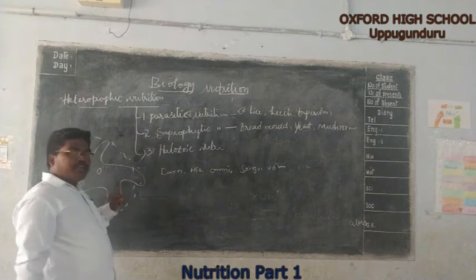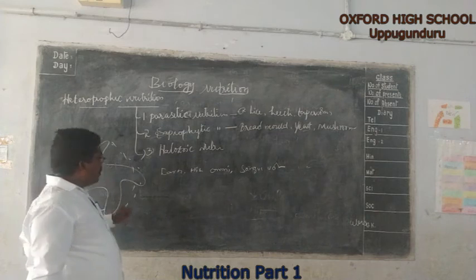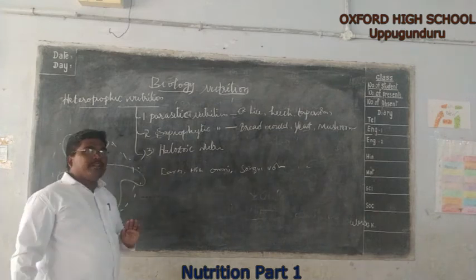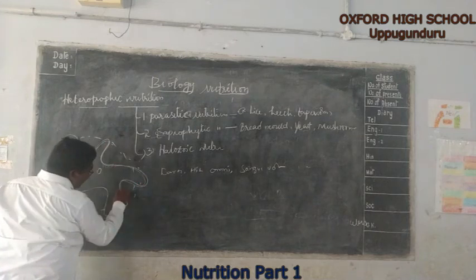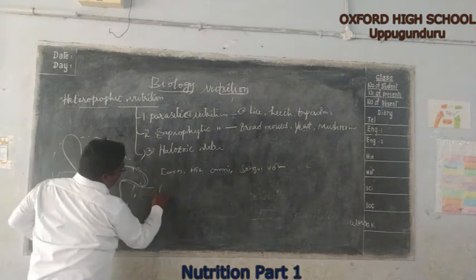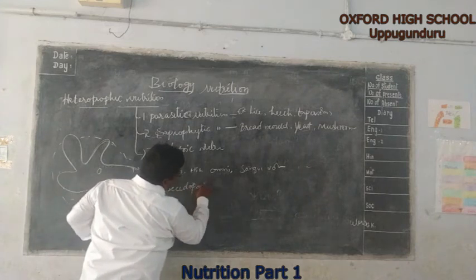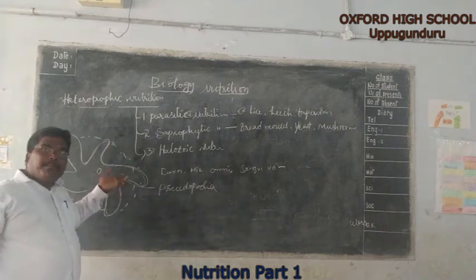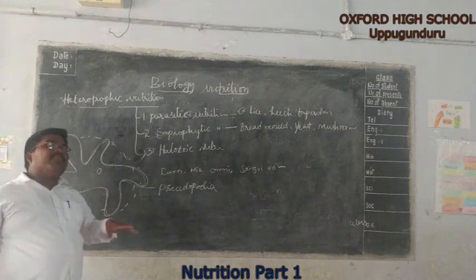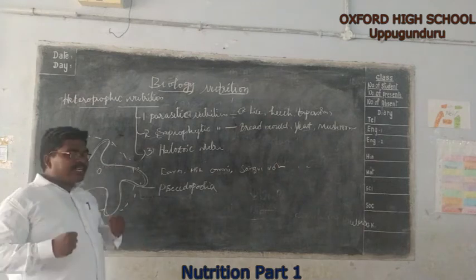Now I am going to explain the mode of acquiring food in the amoeba. In amoeba, food is taken in by using temporary finger-like extensions called pseudopodia. What are these? The finger-like structures which appear on the amoeba, because amoeba does not have any definite shape.